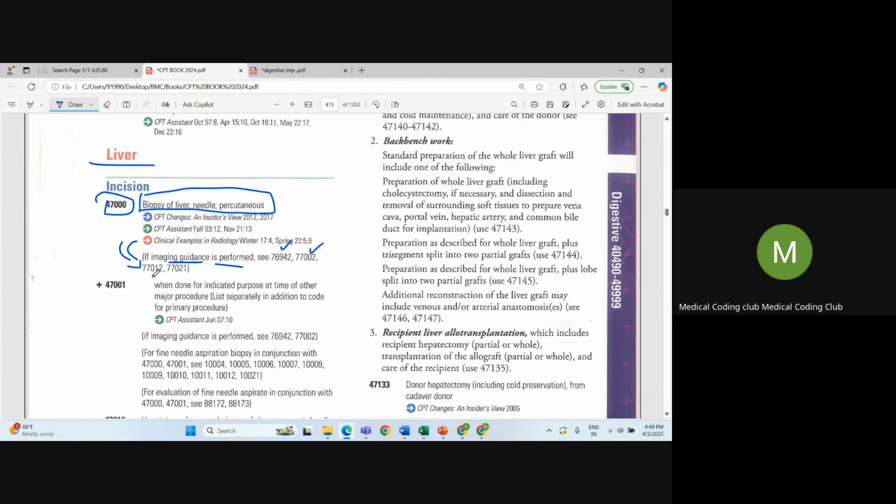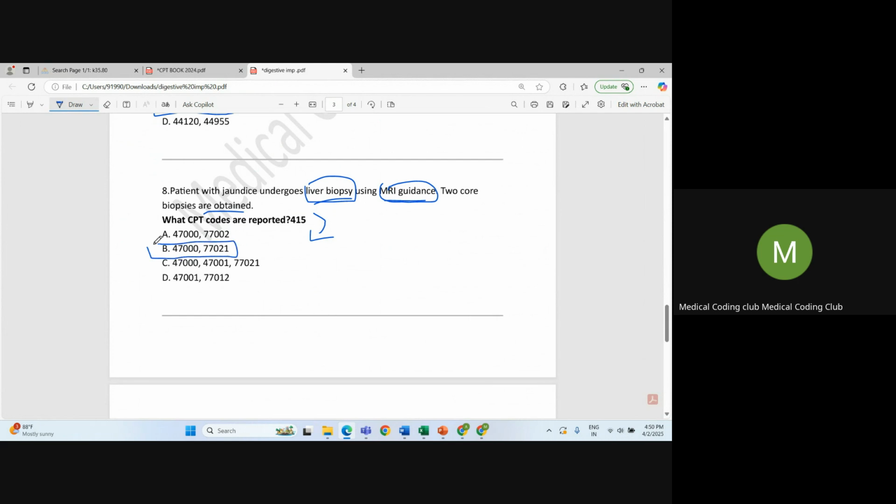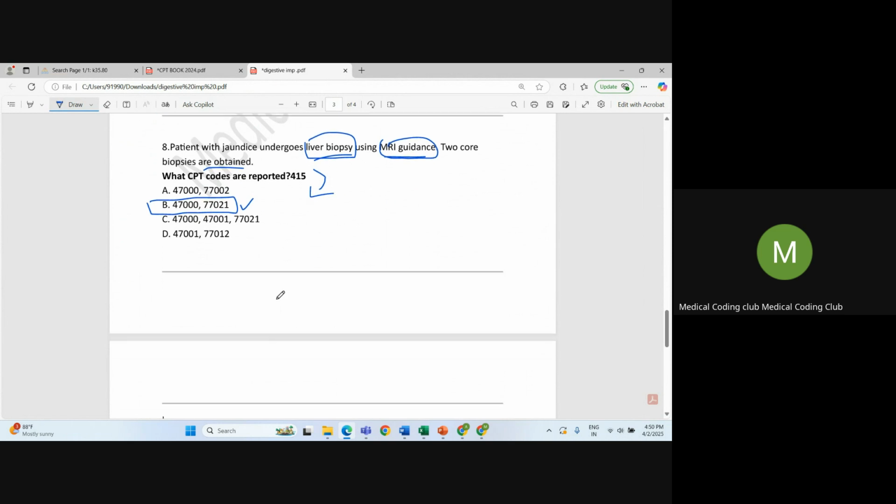No, for CT. 77012 is fluoroscopy, I think. 77021 is for MRI. So you have to code 47000, and since they have utilized MRI guidance, you should also code 77021. So the correct answer is option B, 47000 and 77021.